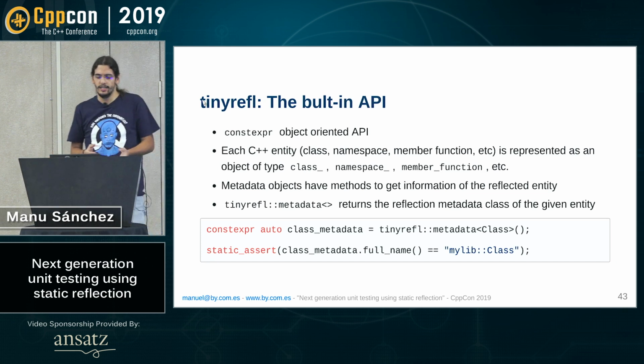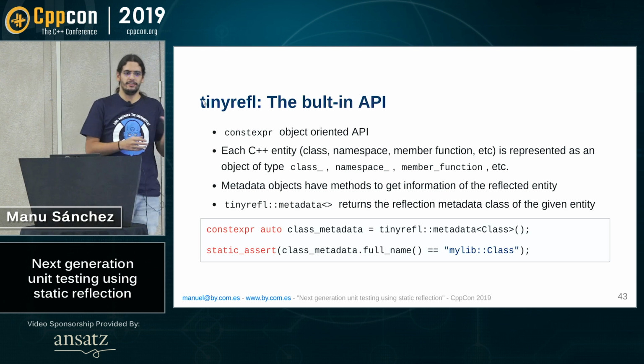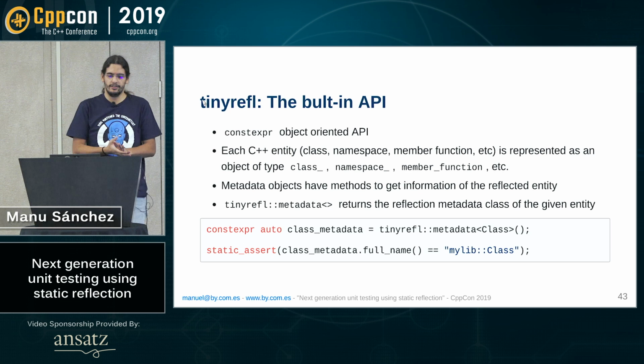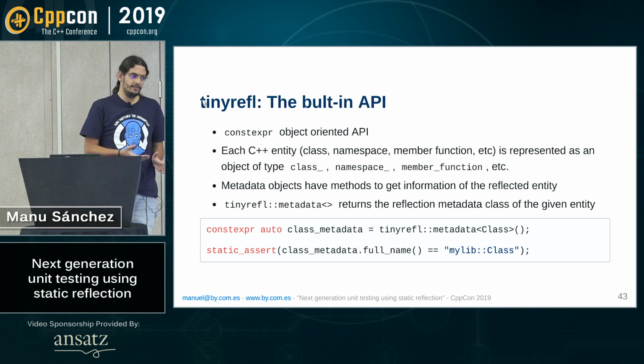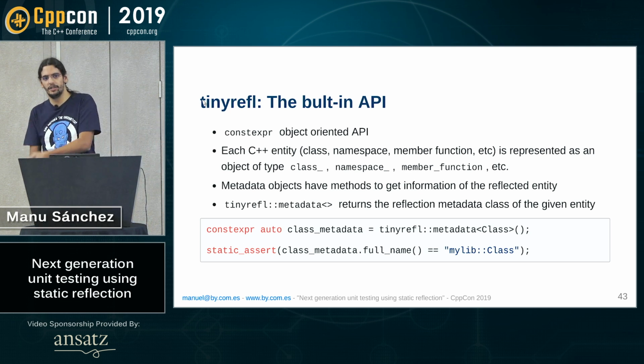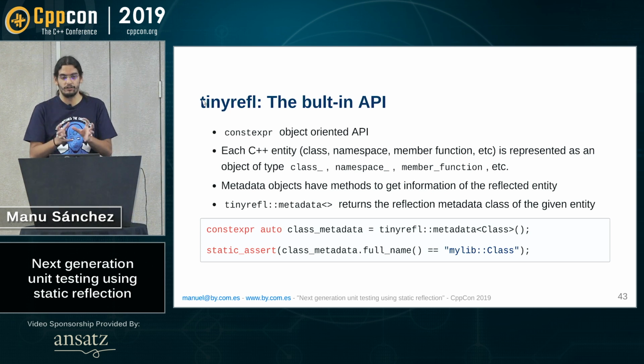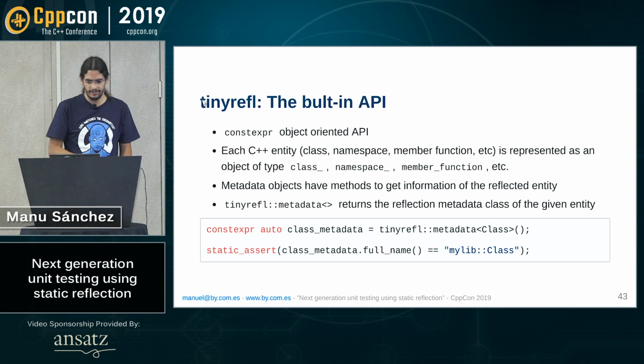The default API represents each C++ entity, say a namespace, say an enumeration, say whatever, as a different constexpr class. Okay, you have a class representing enumeration, you have a class representing classes, you have a class representing an actual header file with all its contents.